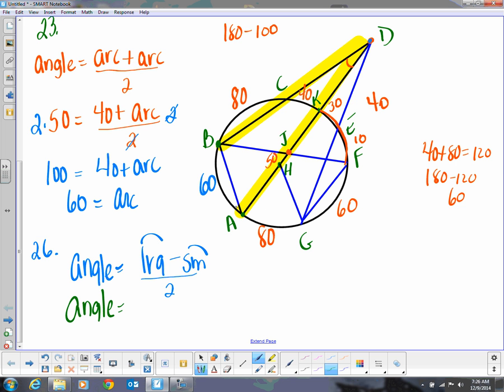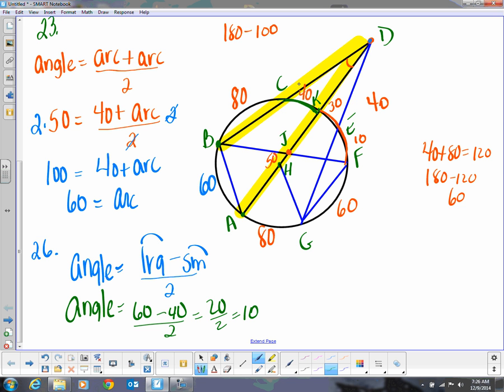What did it cut off? If cut off 40 inside, that's the small arc. Where's the large arc? Right. So you're going to have 60 minus 40 over 2. So that's going to be 20 over 2 or 10.